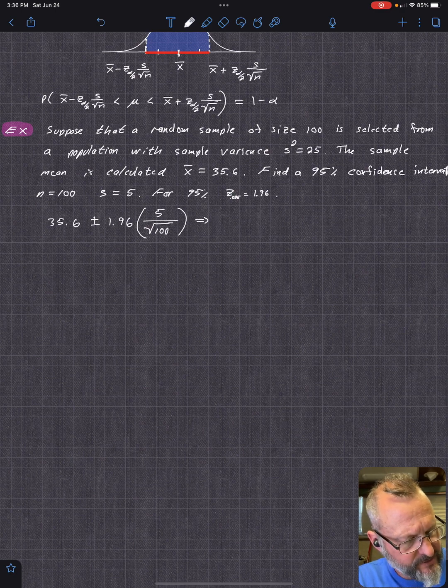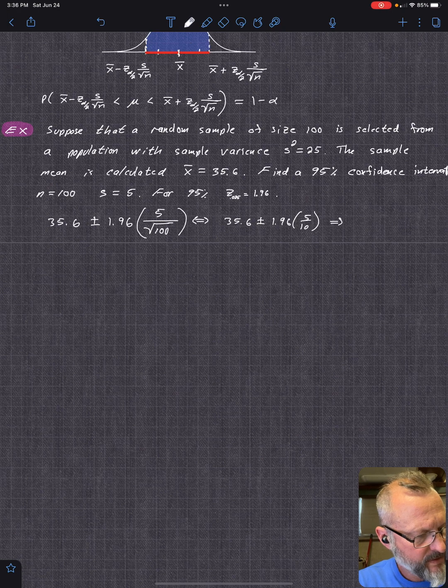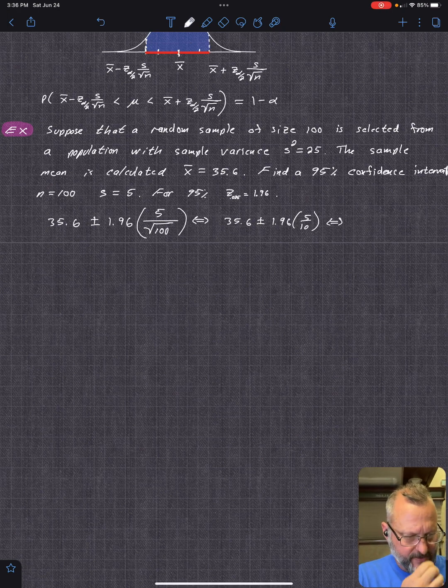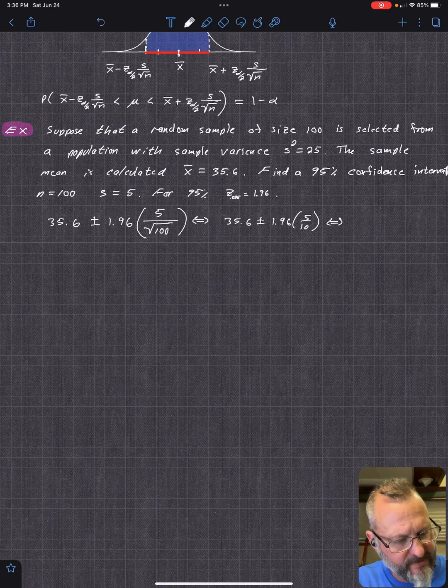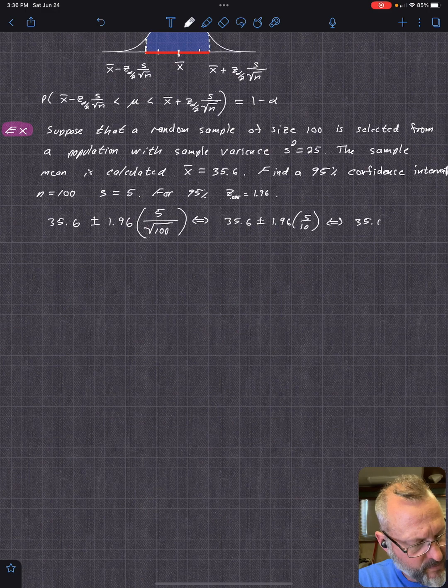Then we can simplify it, so 35.6 plus or minus 1.96 times 5/10. We can do that part on your calculator, 1.96 times 5 divided by 10, or you can move the decimal and multiply by 5, is 35.6 plus or minus 0.98.